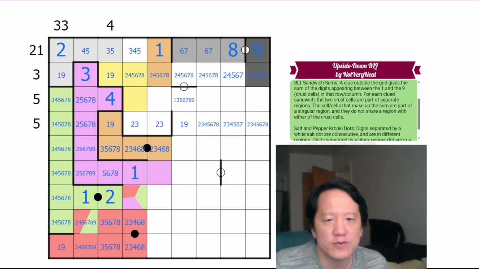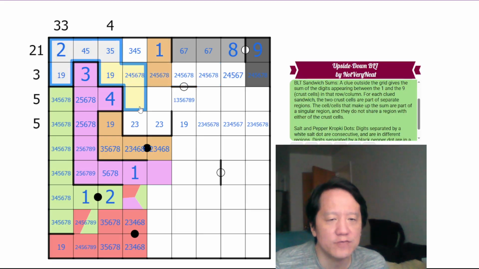Obviously, these would be different regions. 2, 3 could not be part of the light region. So it could not do something like this. So we could not have this going out. Yeah, we can't have orange going out this way.